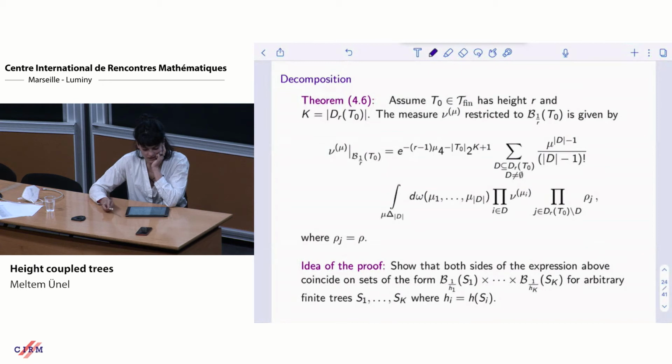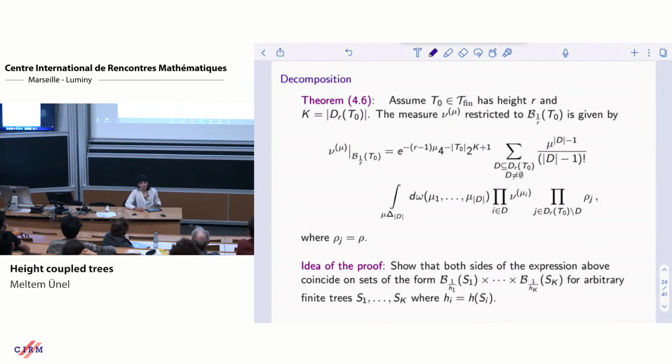So here comes the main theorem for the decomposition of the measure. Once I restrict the measure on the ball of radius 1 over r around T0, where T0 is a finite tree of height r, which has k vertices at maximal height, which is r, I can decompose the measure as follows. So let's take a moment again to look at this expression here. Let's forget about these prefactors.